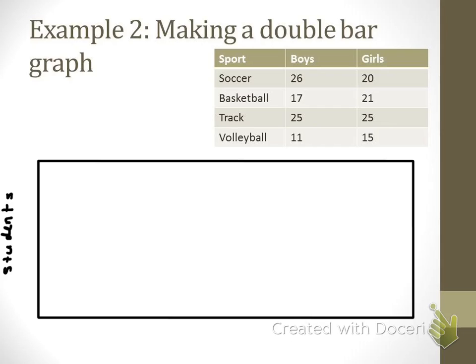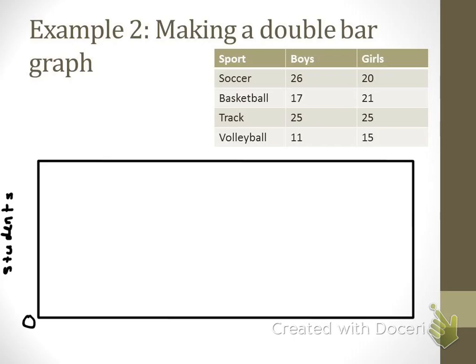I'm going to go by 5s. If you do 4s or 6s, either one would be okay, but you don't want to go much smaller or larger than that. If you go smaller, 2 to 30, that's going to be a really big bar graph. So you want to use the values that they give you in this table to figure out what your scale needs to be. Our scale, we're going to go by 5s.